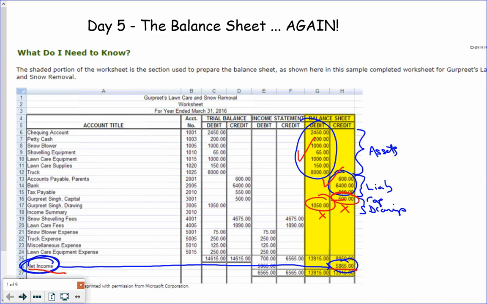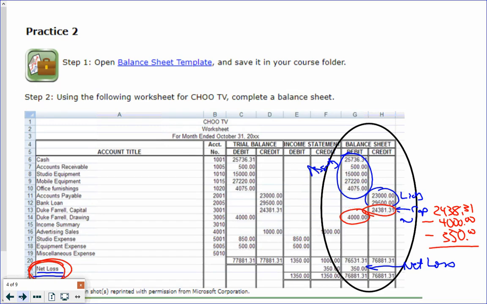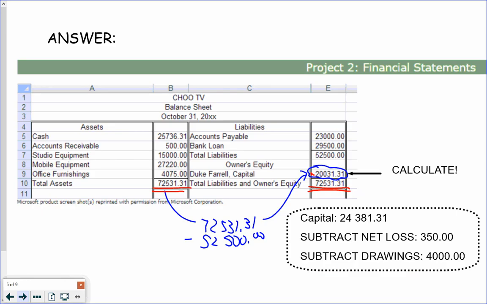If it is a net loss, you would take your capital minus your drawings minus your net loss. Either way, you'll get out left column equal right column. Okay, so either assets minus liabilities, that's option number one, or go ahead and do that formula.